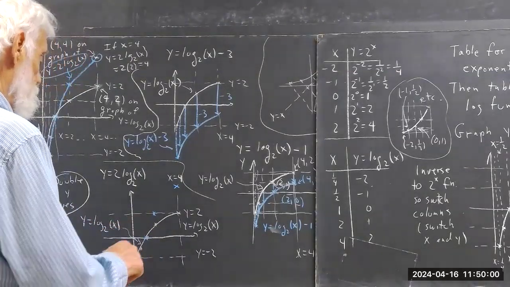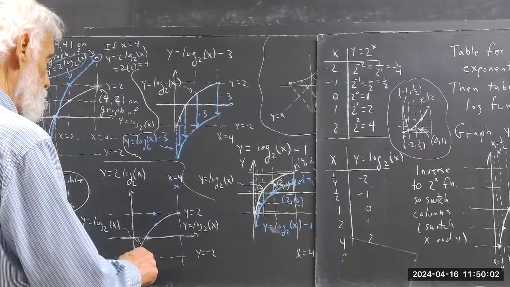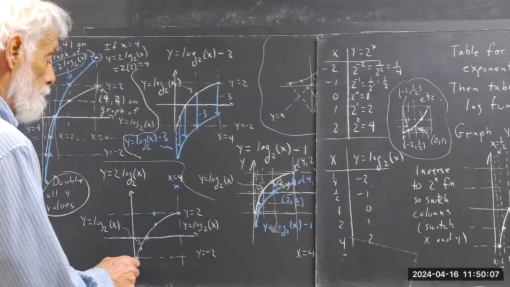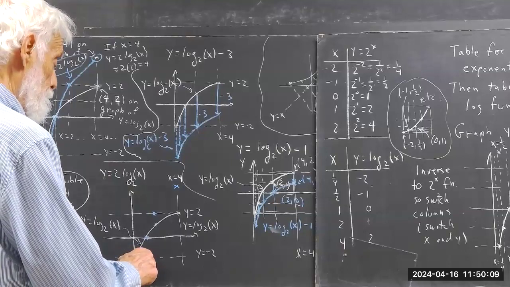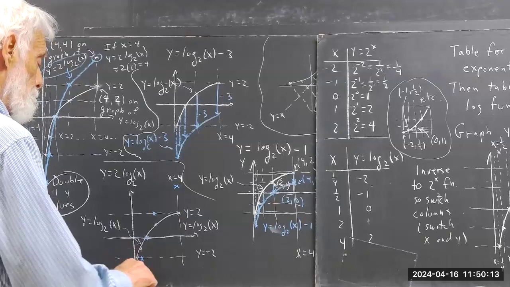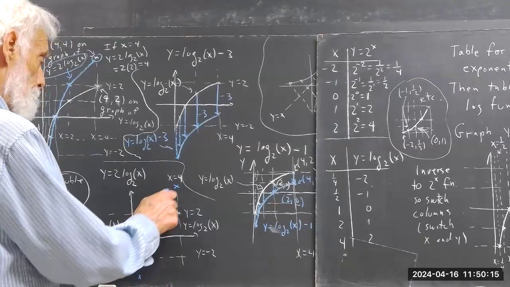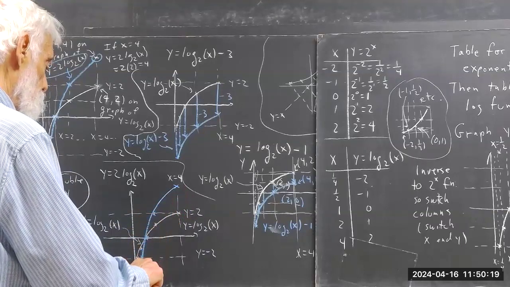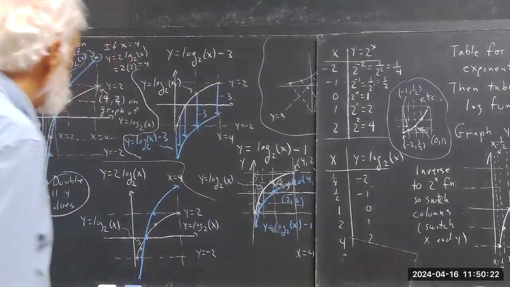Now my scale's a little off here, but y is -1 here, and this occurs when x equals 1/2, and we double -1, we get -2. We double -2, we get -4.